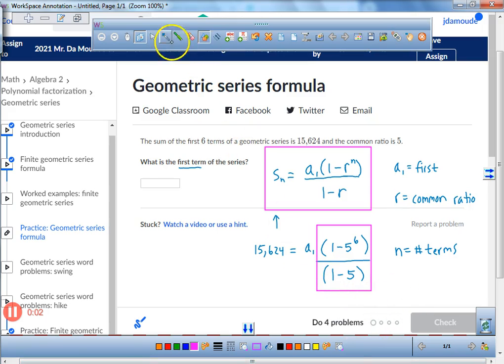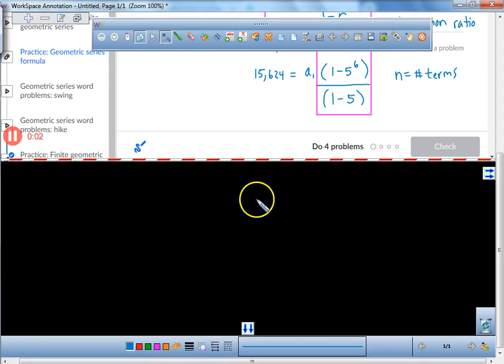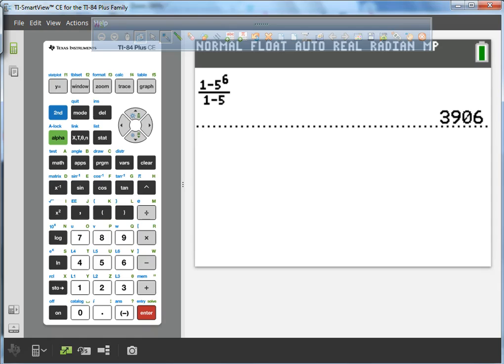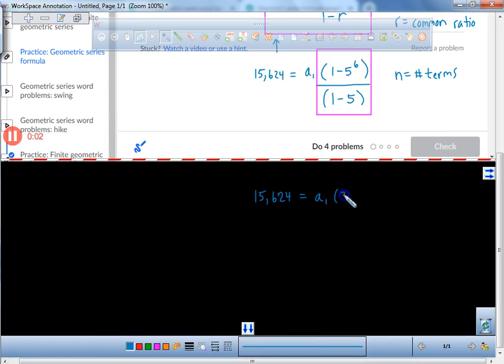So right here I'm going to put 15,624 equals our first term times 3,906. Then I'll simply divide both sides by 3,906, and that'll give us our first term.